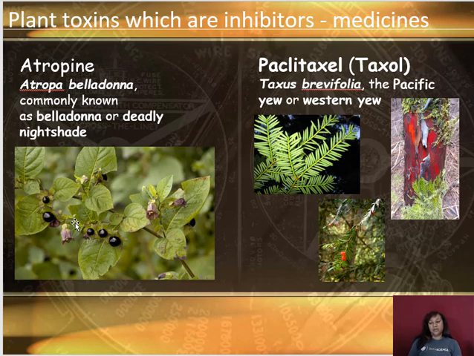Also, atropine is used as a treatment for some of the nerve toxins that are out there. For example, there was recently on the political scene someone who was running against the current leader in Russia, and he was poisoned and almost died.